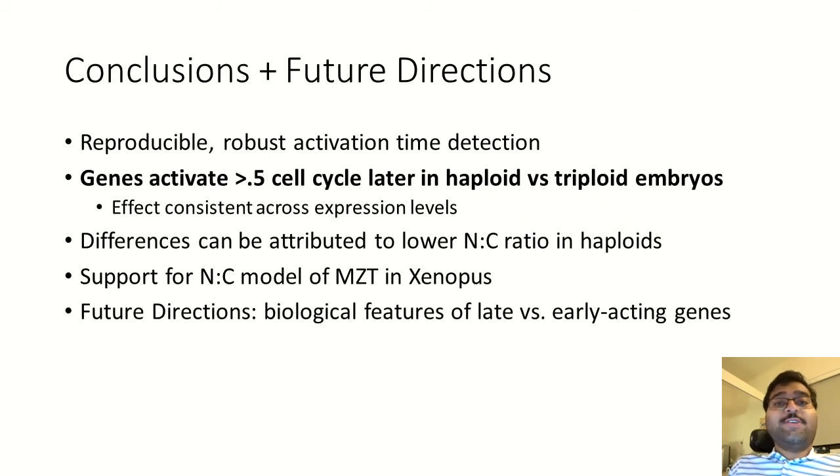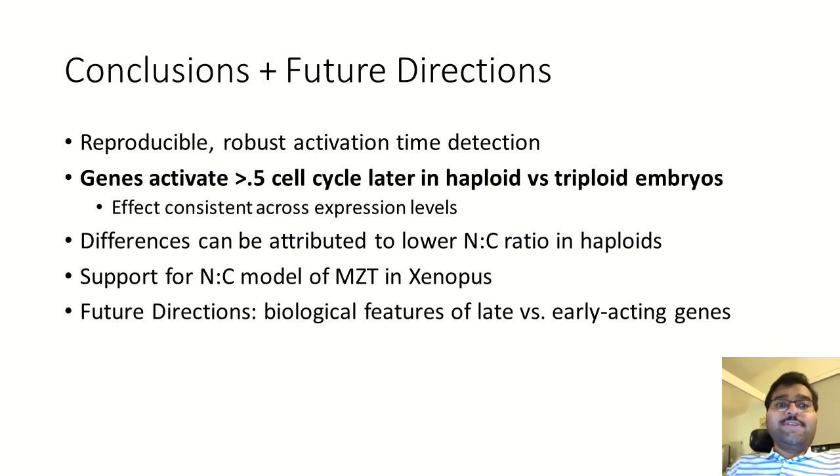So crucially, we can attribute this delay to the lower nuclear-to-cytoplasmic ratio in haploids, because the hybrids were specifically designed to have the same number of Xenopus tropicalis gene equivalents, so these differences cannot be attributed to differences in gene dosage. And so in aggregate, these findings lend support to the model that the MZT is caused by an increase in the nuclear-to-cytoplasmic ratio in Xenopus embryos.